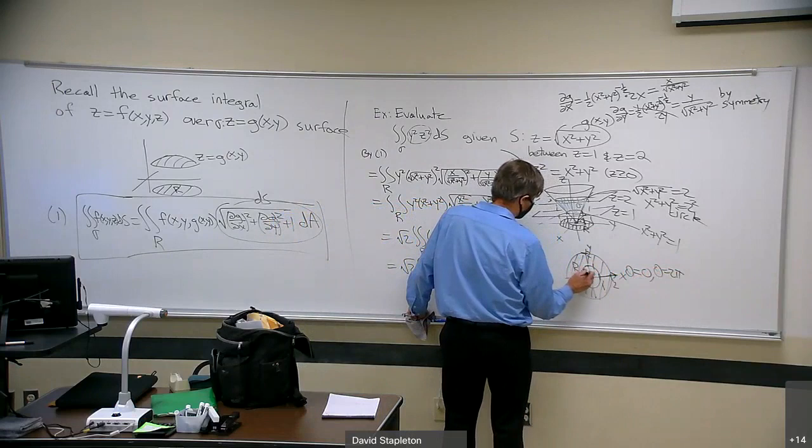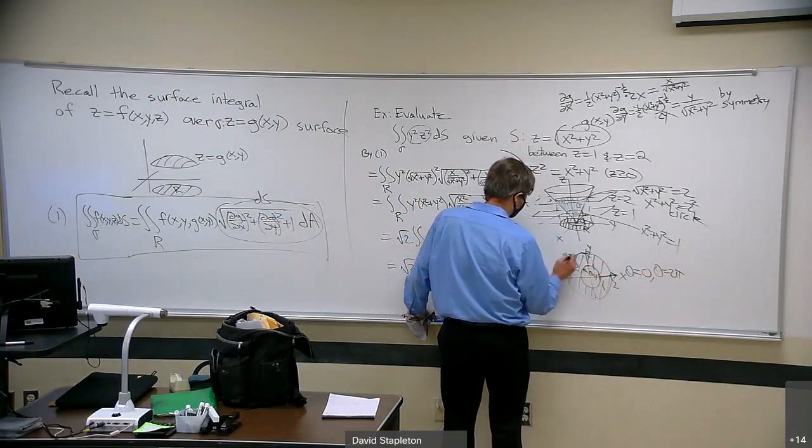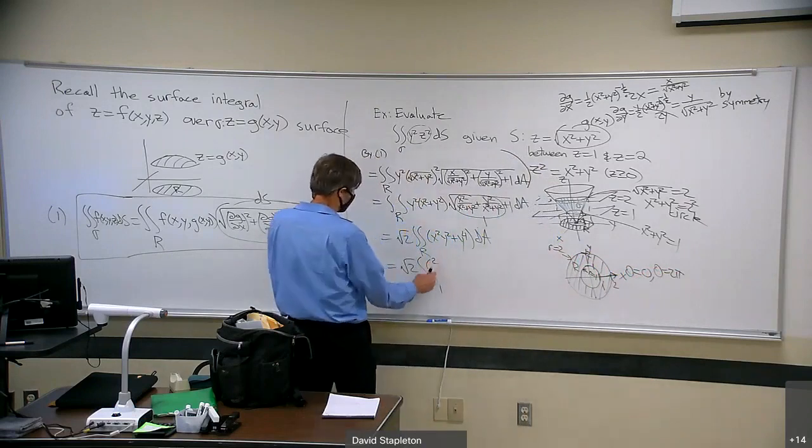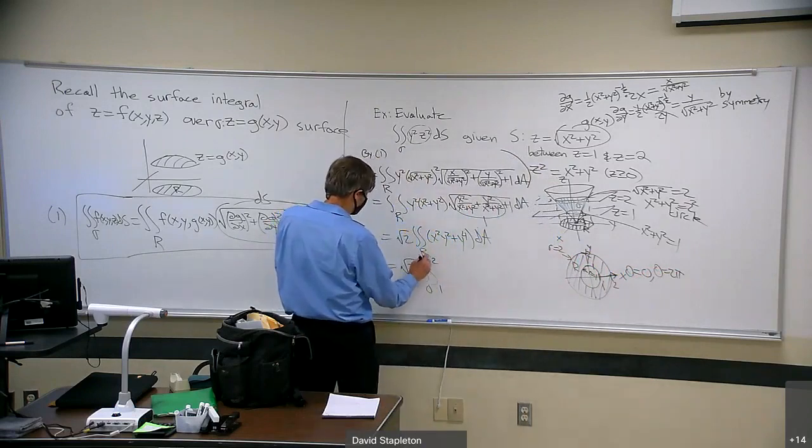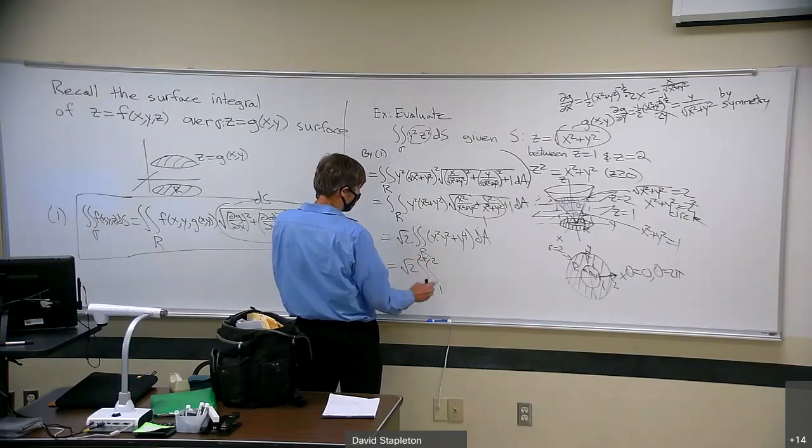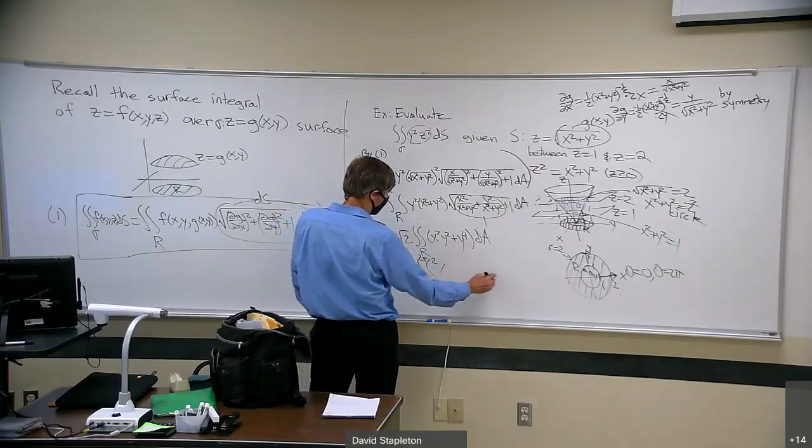Inside curve is r equals 1, and the outside curve is r equals 2 in polar coordinates. So I can integrate r from 1 to 2 and theta from 0 to 2 pi to sweep out the annulus. Then I need all these in polar coordinates.